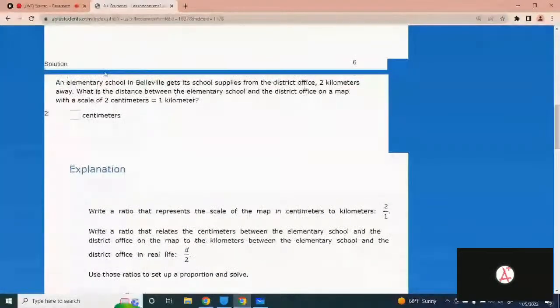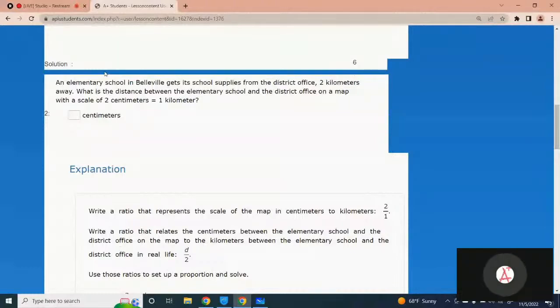Okay, the next one. An elementary school in Belleville gets its school supplies from the district office 2 kilometers away. What is the distance between the elementary school and the district office on a map with a scale of 2 centimeters equals 1 kilometer? Got it? So the distance from the school to the district office is 2 kilometers away.